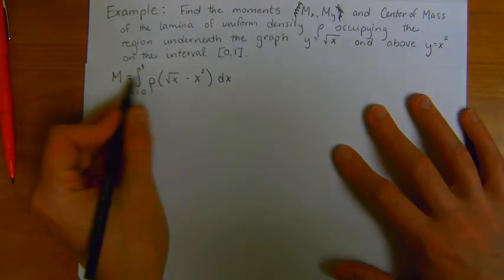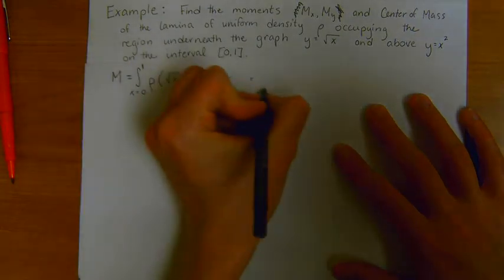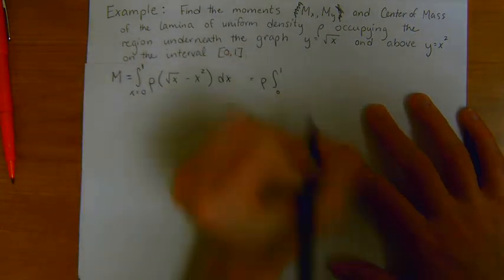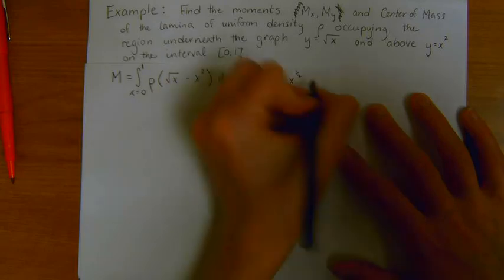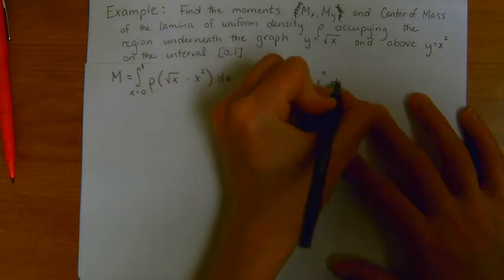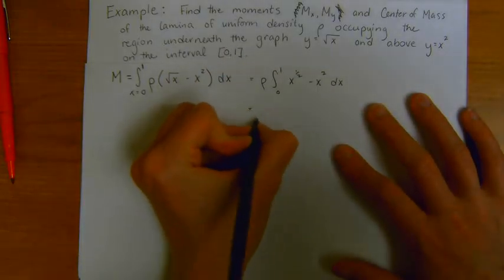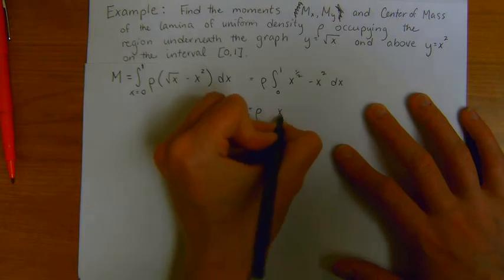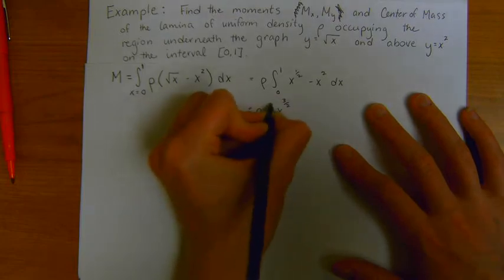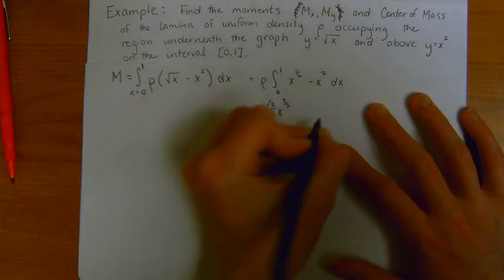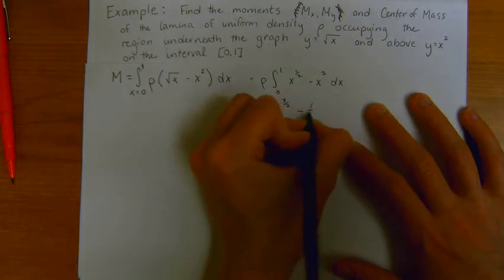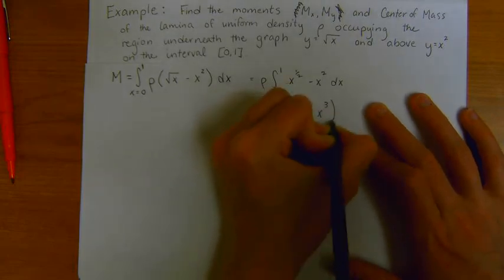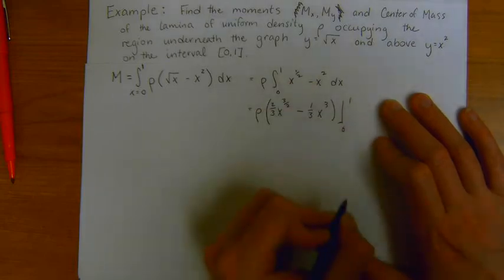Finishing this integration, I can pull the rho out front, and I get the integral from 0 to 1 of x to the 1/2 minus x squared dx. Let's integrate, and I get x to the 3/2 times 2/3 minus 1/3 x cubed, evaluated from 0 to 1.